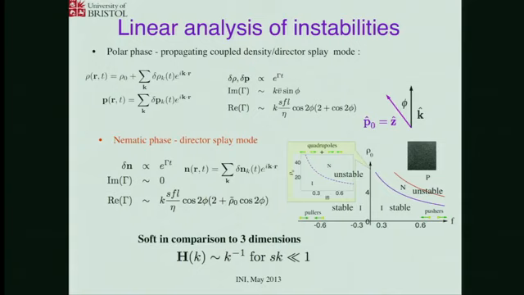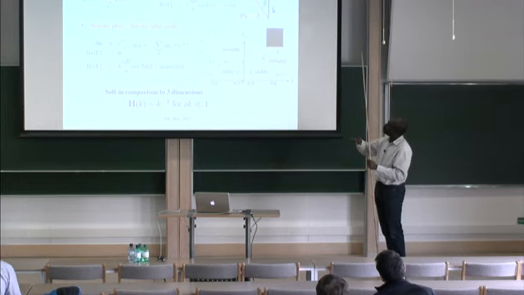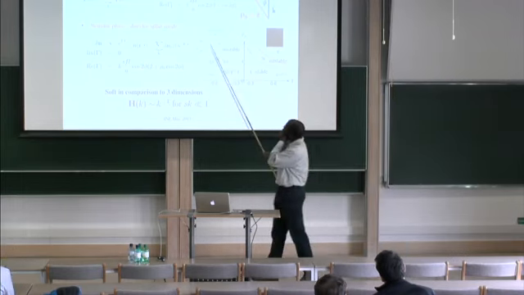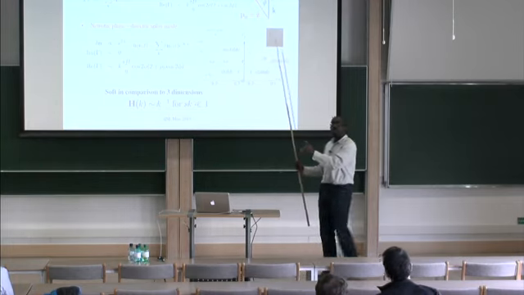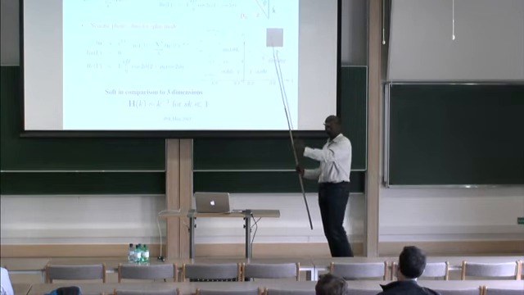We can look in the homogeneous phase where there's no order, and we find that everything is fine; it behaves more or less like an equilibrium system. Then we can look at the nematic phase or the polar phase, and we find they're both unstable, but in different ways. In the polar phase, there is a coupled density-director splay mode, so we get modulations of the polarization which are coupled to density modulations.